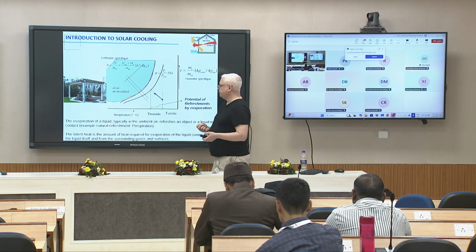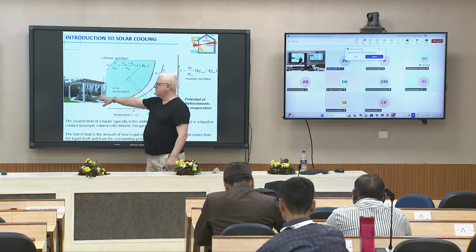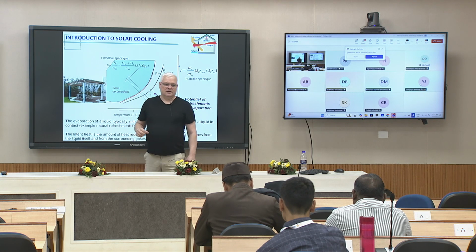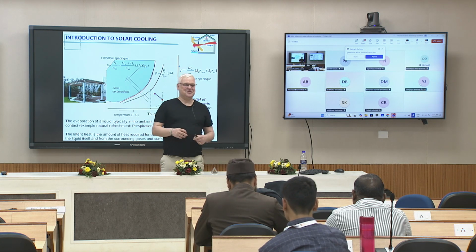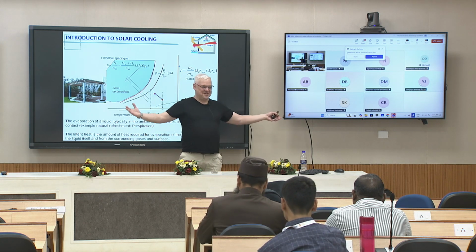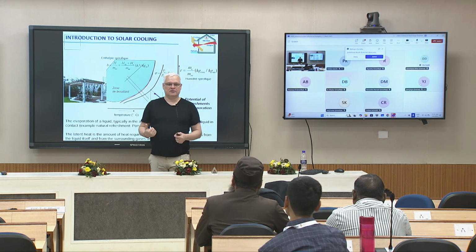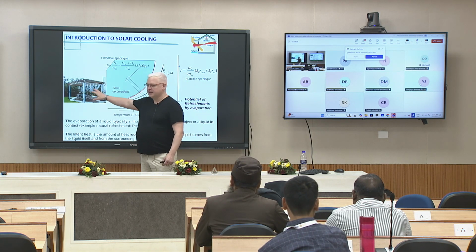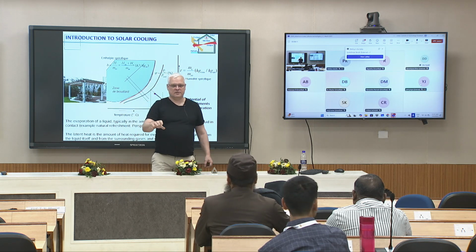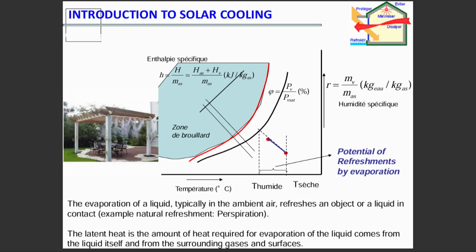Okay. So here you have an illustration of an outdoor air conditioning system. It's silly to say outdoor because it's fully open, but when it is very hot outdoors, you may have seen something like this. It's a kind of mist sprayer that injects very thin droplets of water, a kind of fog that evaporates.